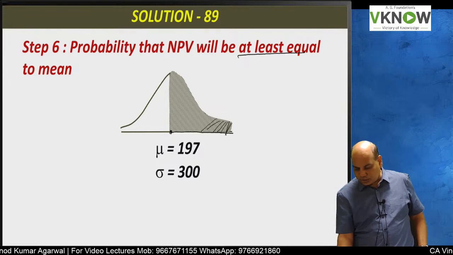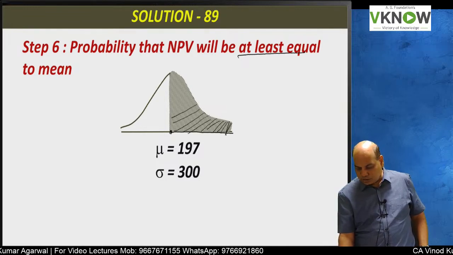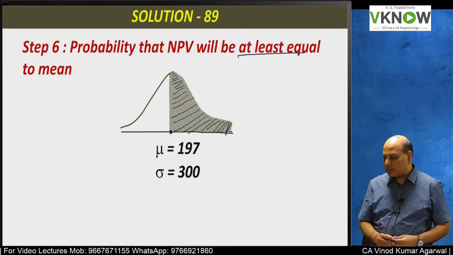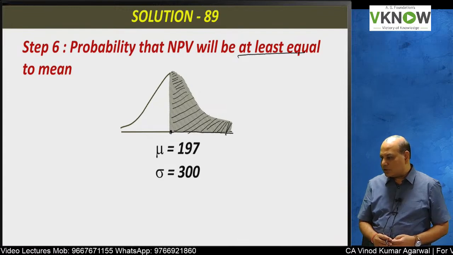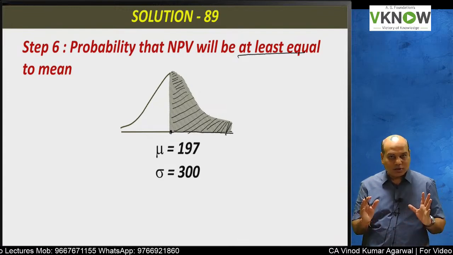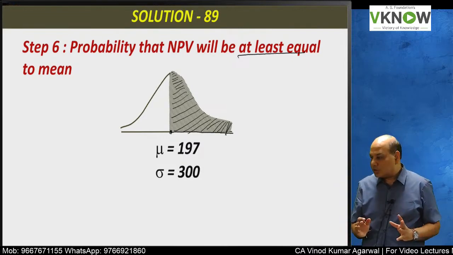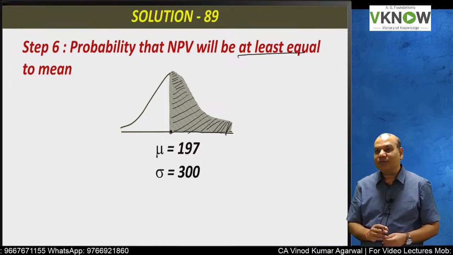So I need to find the probability of this area. My dear learned students, what is the answer of this? This is on the screen, the answer is on your face. Don't calculate anything.